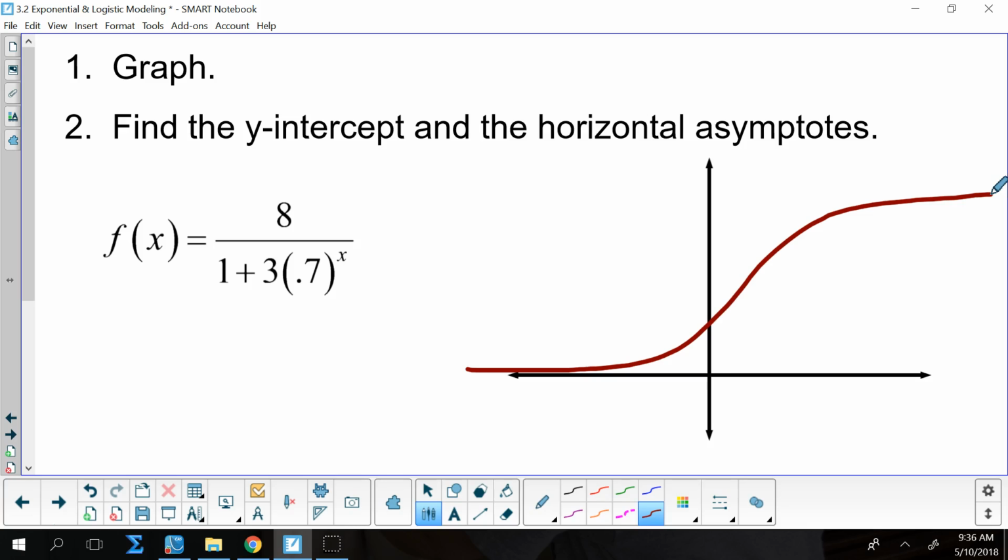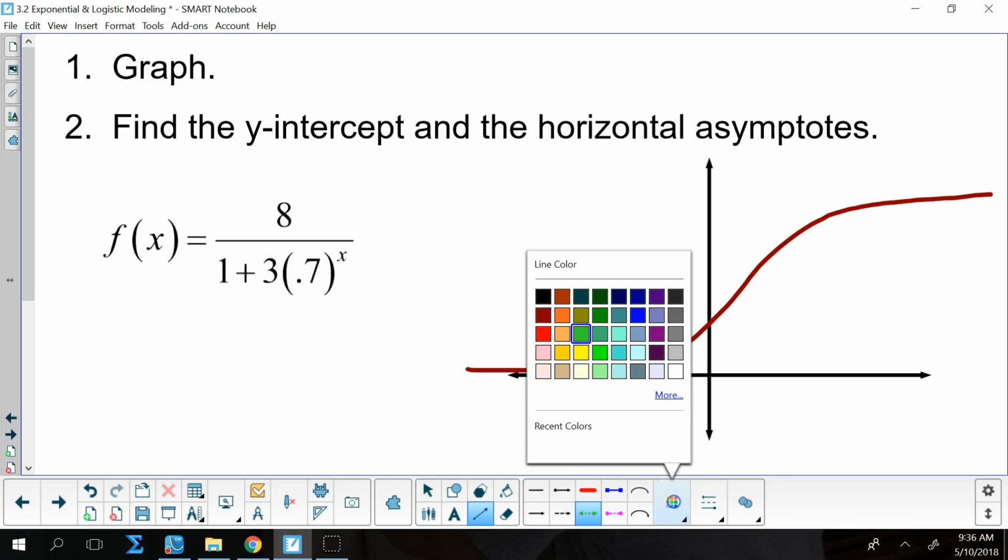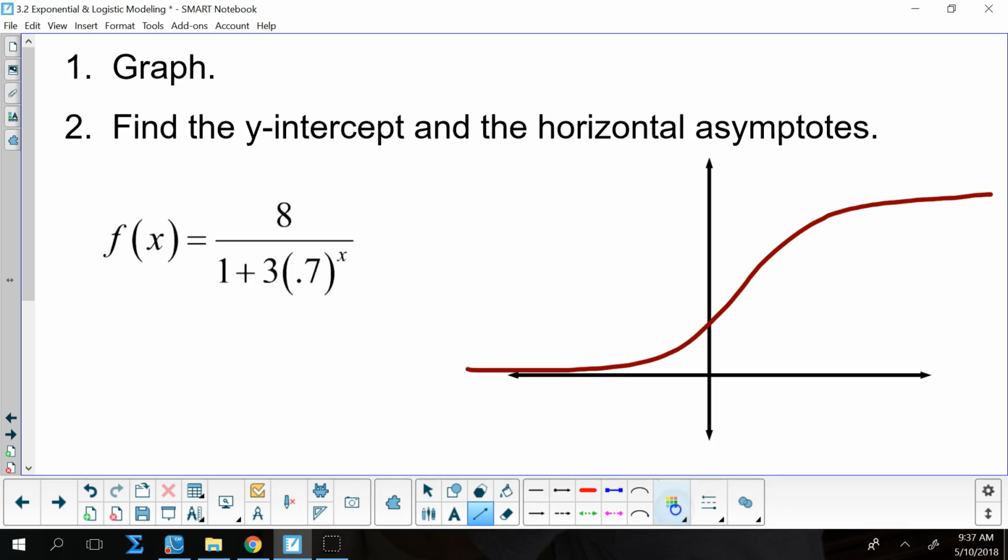So I've graphed it. Now I just have to fill in some points. For instance, what is my lower horizontal asymptote? Y equals 0 is my lower horizontal asymptote.